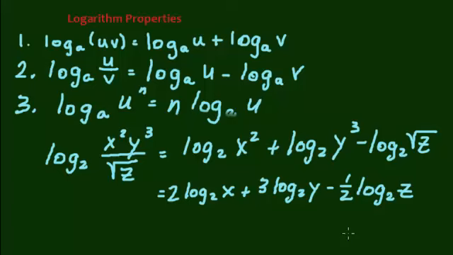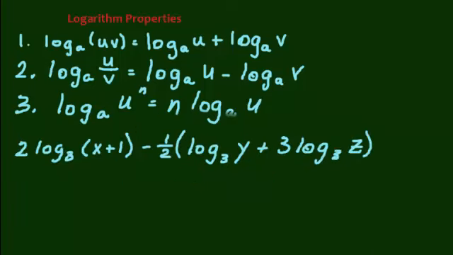Alright, now we're going to take one that's expanded and squish it together. We're going to take something that's way expanded out and we're going to squish it all together. Now anything that has a plus sign in front of it actually goes in the numerator, and if it has a minus sign in front of it, all this stuff goes in the denominator. So what we're going to end up with is I'm going to take care of these powers first. I'm going to say log base 3 of x plus 1 quantity squared, and then I'm going to take care of this 1/2.